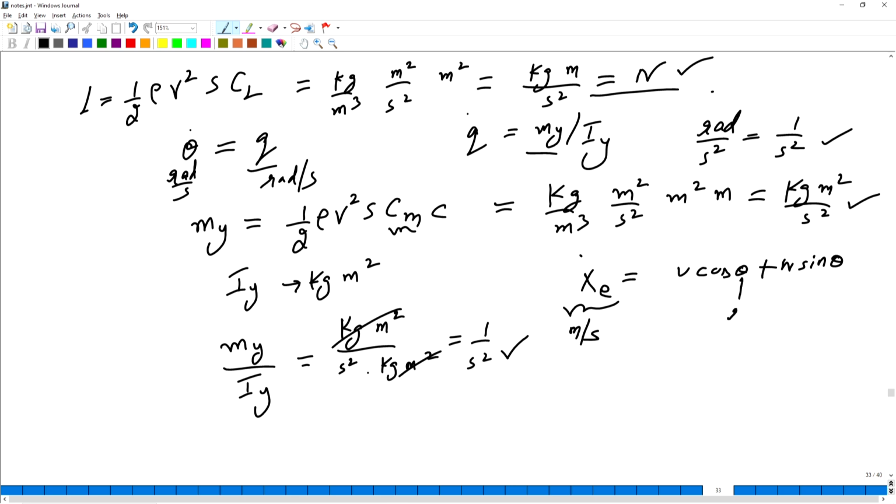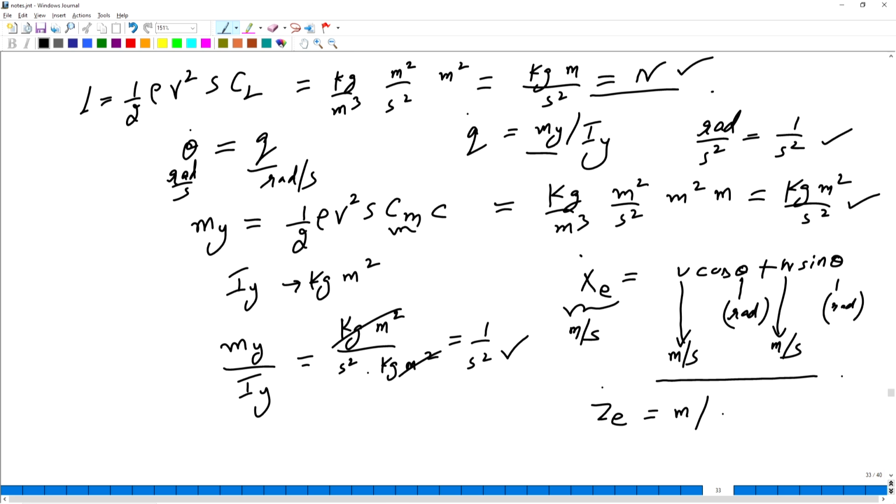So this angle will be in radians, and this is again the unit of meters per second. All right. So similarly, you can find it for Z dot E, unit also will be in meters per second. So now I hope there is no confusion in the units.